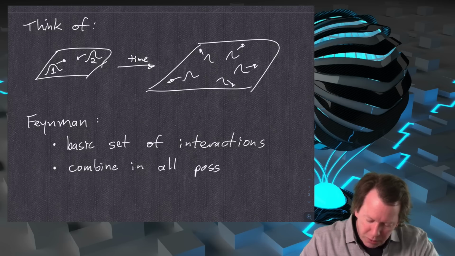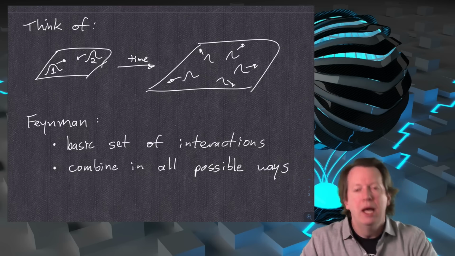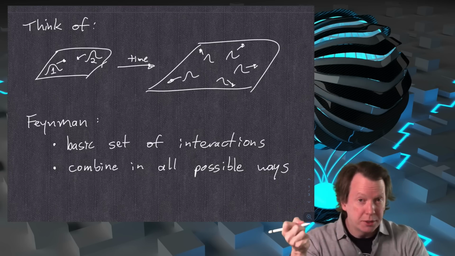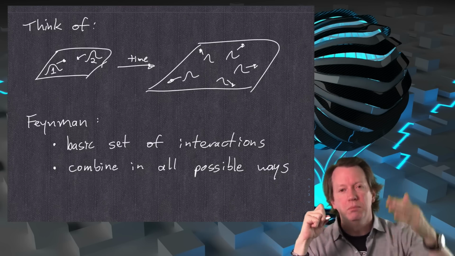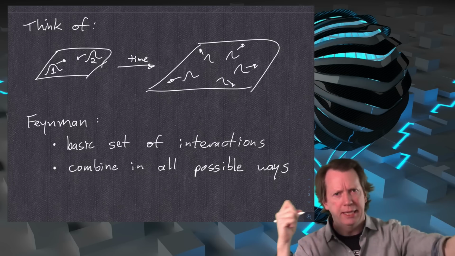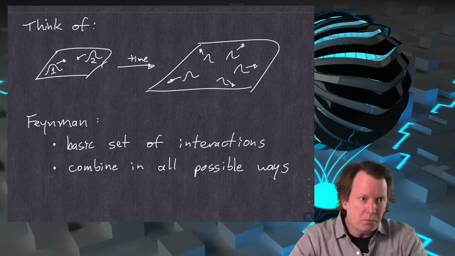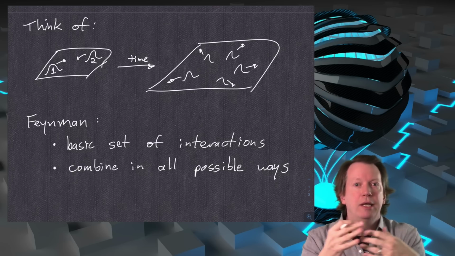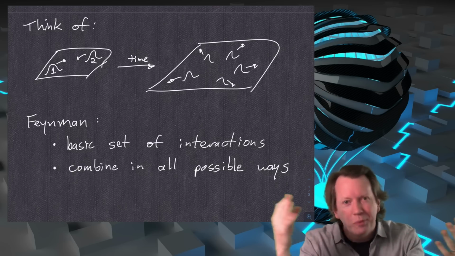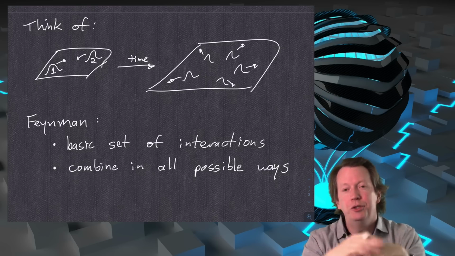So if you start with some idea that you're going to ask, well, how can an electron and a positron, which is an anti-electron, how can they scatter off of each other to form just another electron and positron, not change their identity, just scatter off of each other in some way? Well, by starting with that fundamental interaction of photons and electrons, we'll see in a second, there's a lot of different ways to combine them to get that final interaction. And Feynman says, do them all.